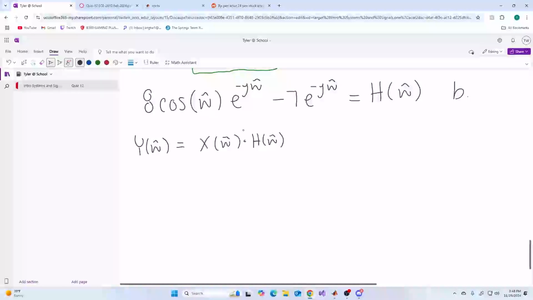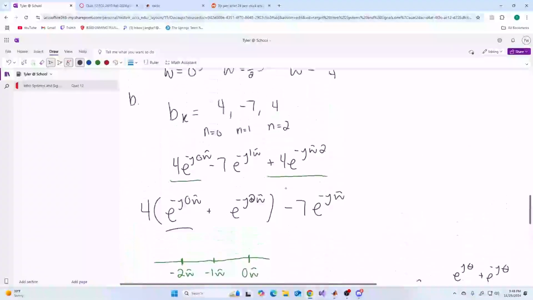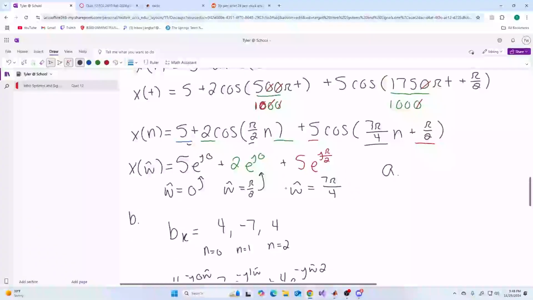So, let's go up here real quickly. Up here, when we saw that w hat, sorry, I clicked it to erase. There we go. Sorry. So here, this one is when w hat equals 0.